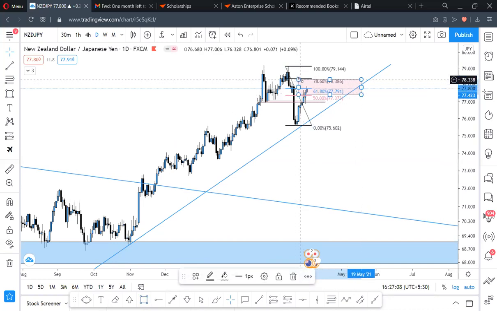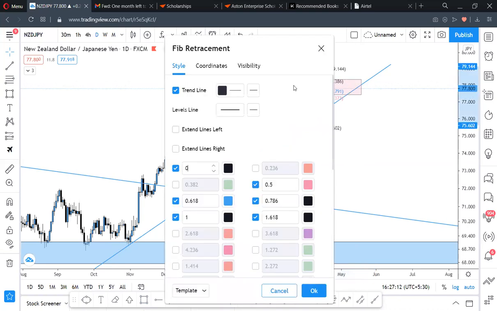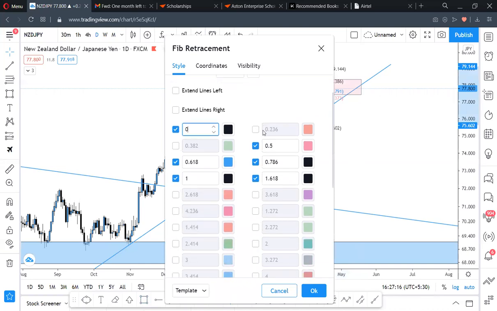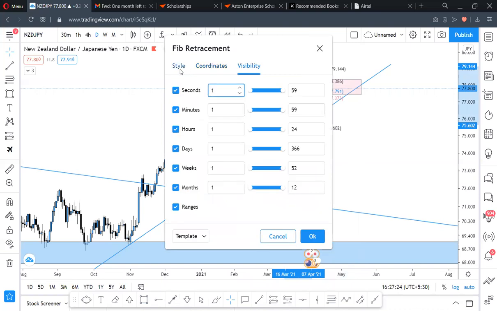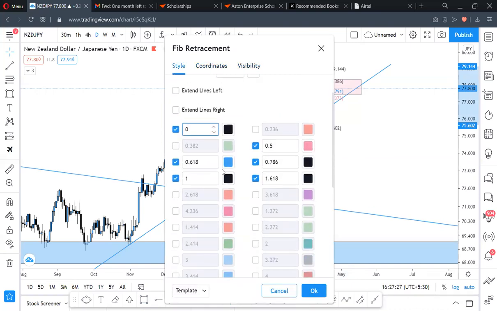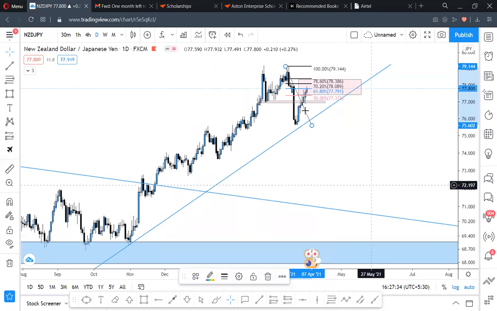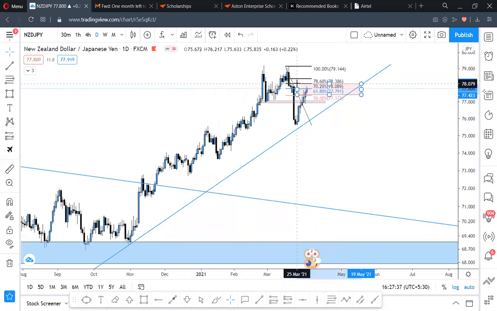Okay, so let me go and add 70 to it. 0.702. Just type it in. Okay, so we have it.